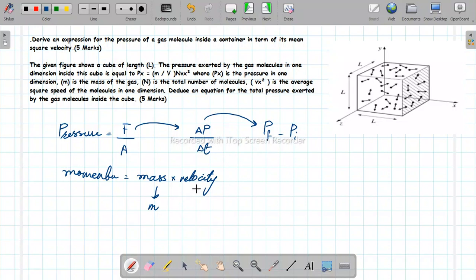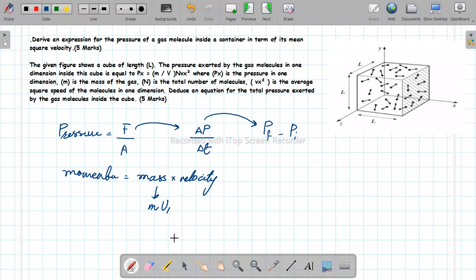As for the velocity, since molecules here might not be moving with the same velocity, we must differentiate their velocities. For example, to represent the velocity of the first molecule we use v1, for the second v2, for the nth molecule vn. So here we are going to write v1, which represents the velocity of the first molecule.